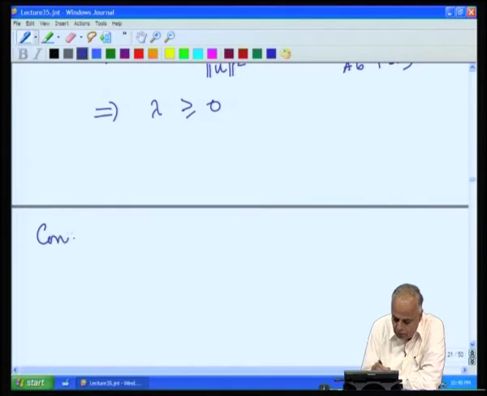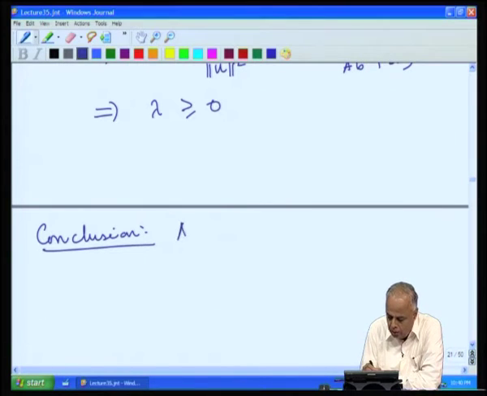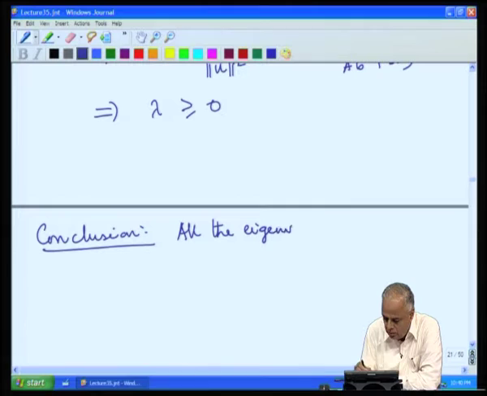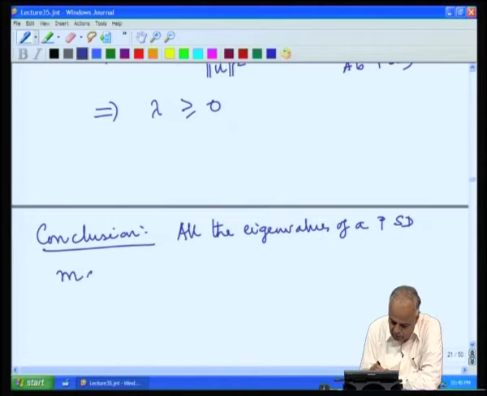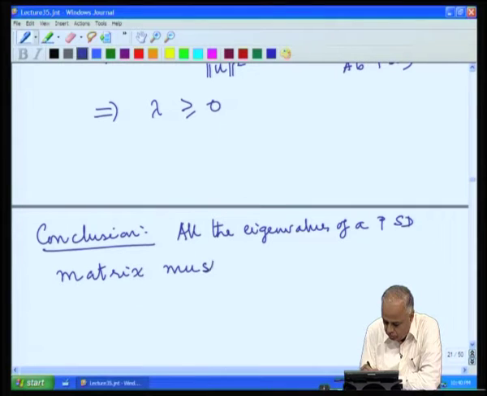So, the conclusion is: all the eigenvalues of a positive semi definite matrix must be real and non-negative.